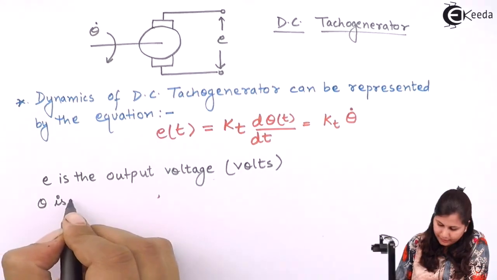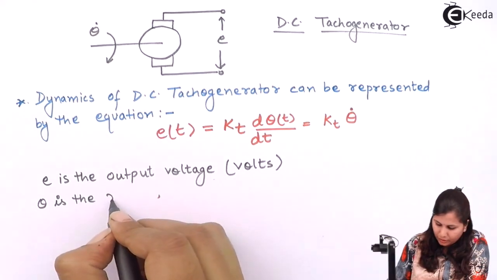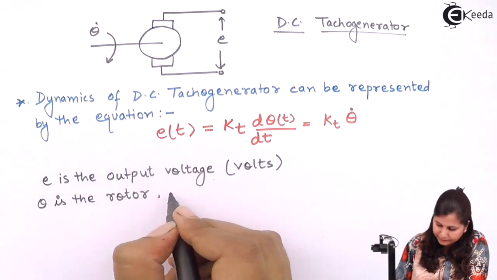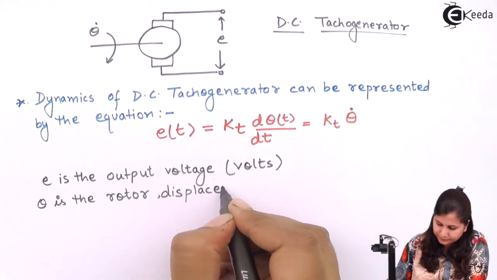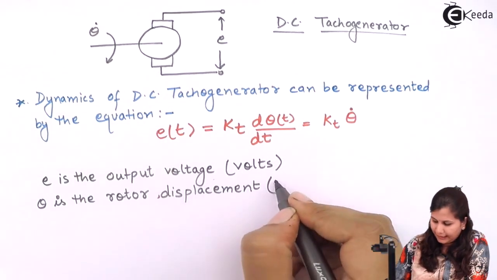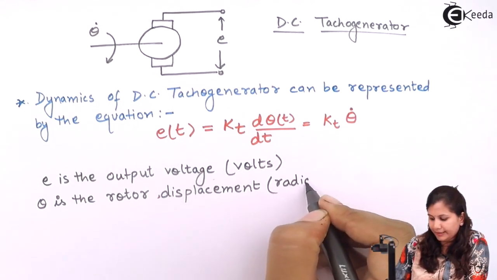Theta is the rotor displacement, and it is given in radians.